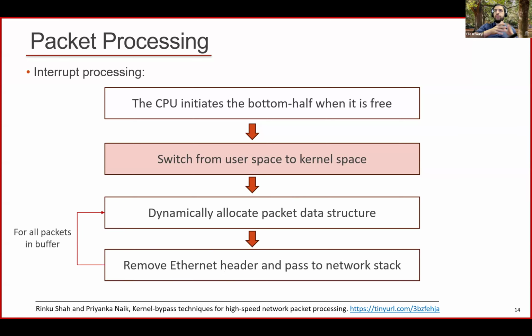Okay. So again, when we have an interrupt, we saw that there are multiple context switches, meaning that we move from user space to kernel space and vice versa. And this operation is costly. And there are other costly operations, like dynamically allocating the memory for all of these packets coming.